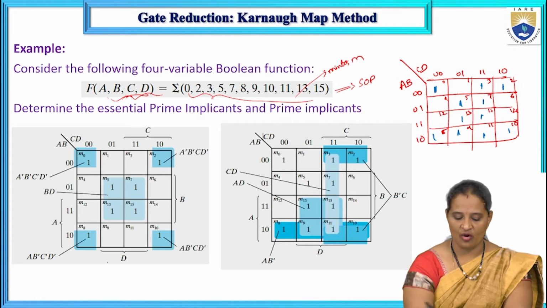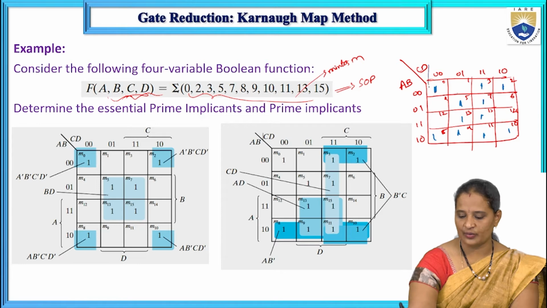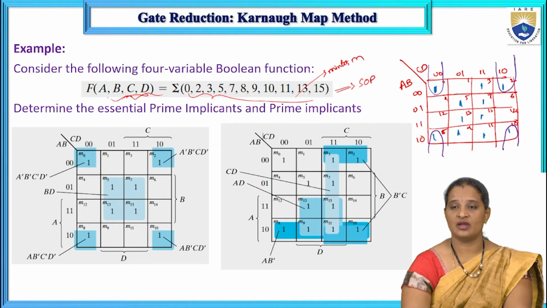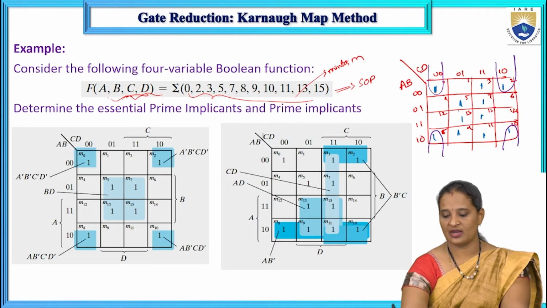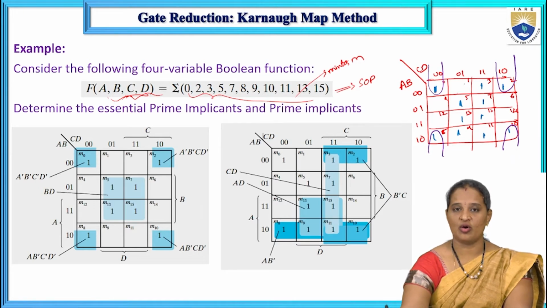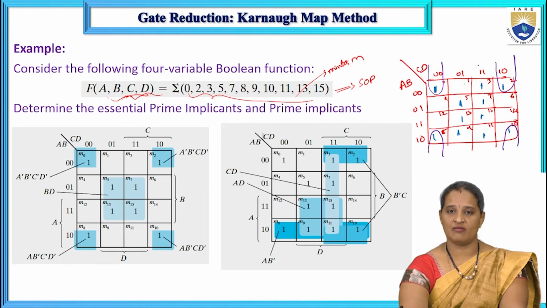So I can form a group with these corner elements such that min term 0 is covered. Is there any other group that can cover M0? No, because we don't have any other neighboring elements to 0 other than these 4. So that is why I am grouping all these corner cells such that min term M0 is covered.